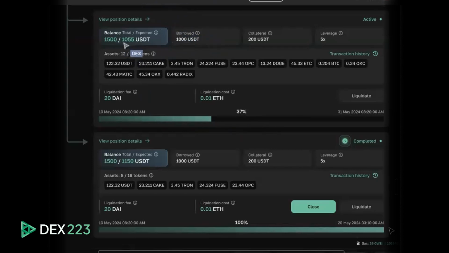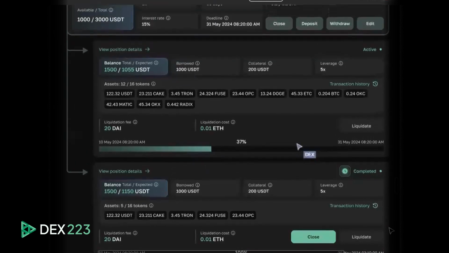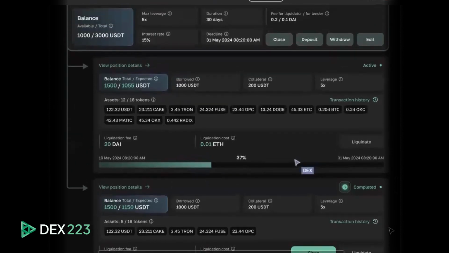So it's 1,055 USDT. 55 is 37% of 15%. It's actually 5.5% of interest on top of the 1,000 USDT that we borrowed.